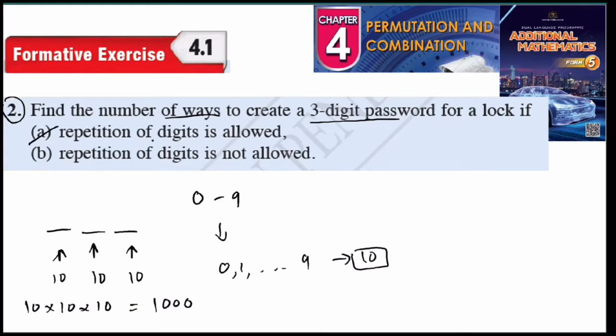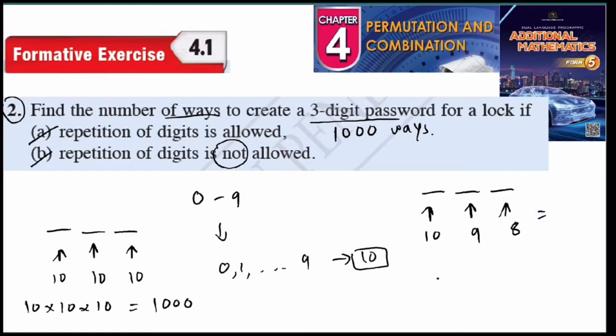1000, right? And then for repetition of digit which is not allowed, since we cannot use back the digit that was used, the choices reduce by 1 each time, right? So it becomes 10 times 9 times 8.